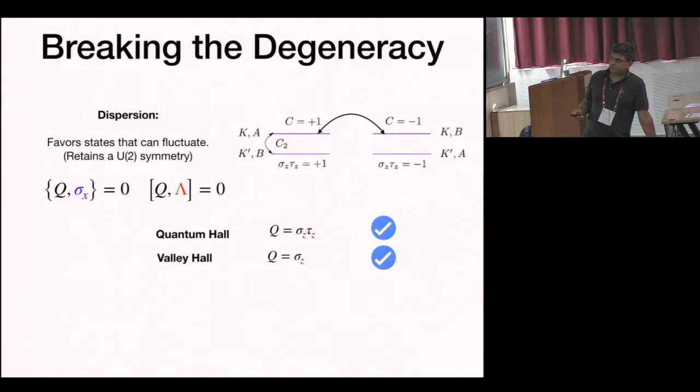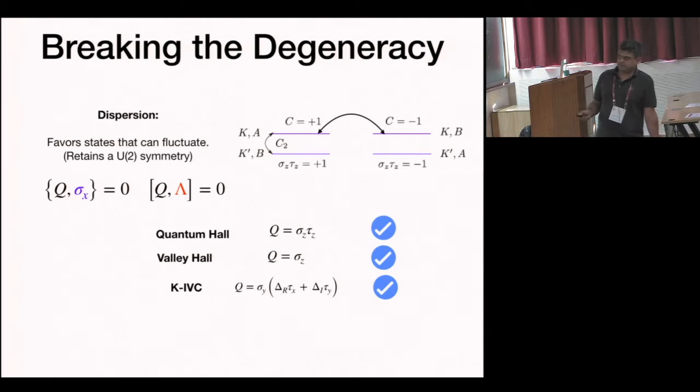You also have this valley Hall where you fill that and fill that, so they're able to do this resonance. And then finally, you have one of these intervalley coherent states, the one that broke time reversal. I'll explain this notation K, why it's called Kramers, in a little bit. But this is really the one that breaks time reversal, the one that has spontaneous currents in the ground state.